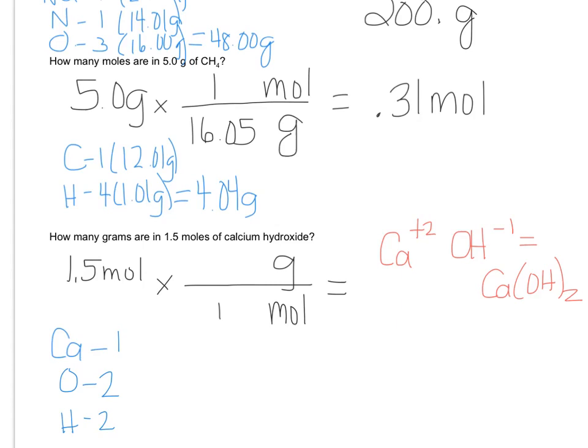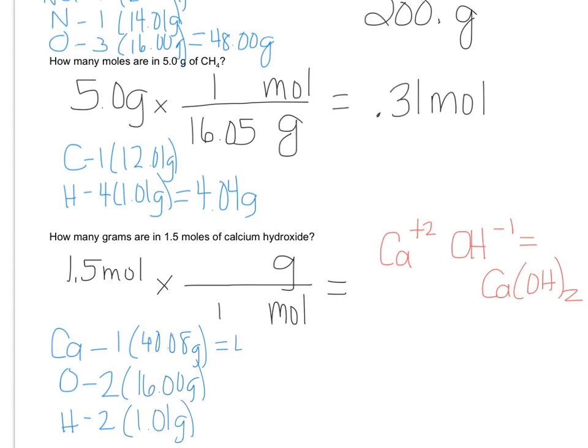And so then it's a matter of finding gram formula mass the same way we always do. And so the mass of calcium from the reference table is 40.08 grams. The mass of oxygen is 16.00, and the mass of hydrogen is 1.01.